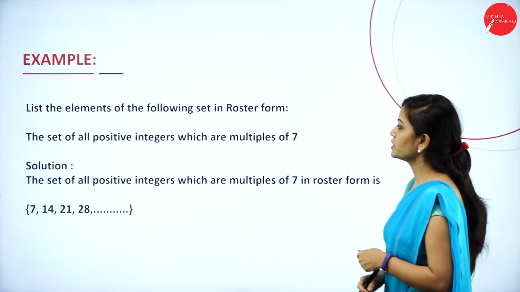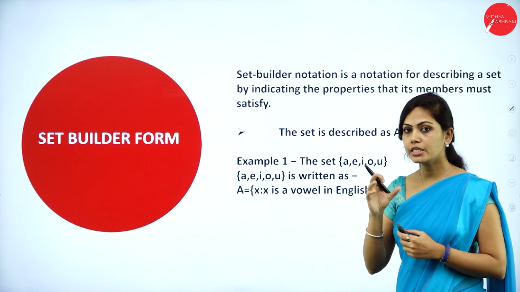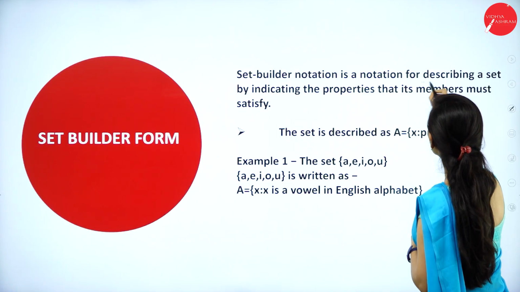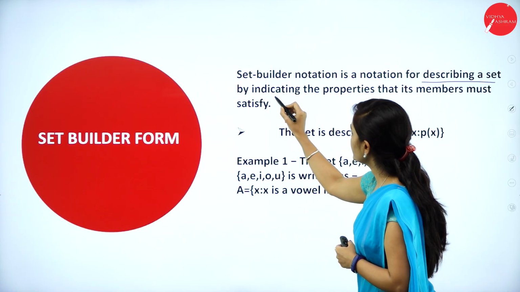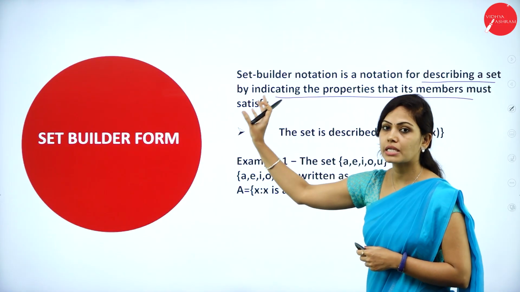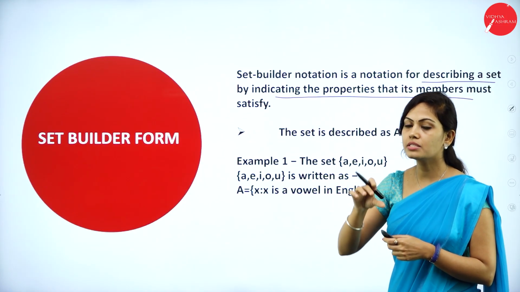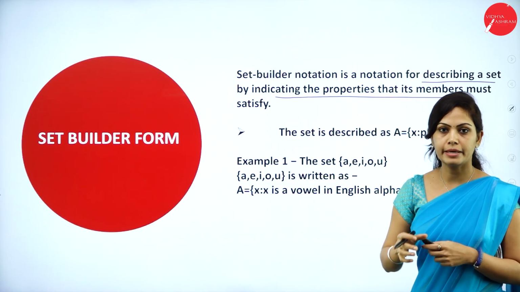And next representation is set builder form. Set builder notation is a notation for describing a set by indicating the properties that its members must satisfy. So here instead of listing the elements, I have to give the statements.